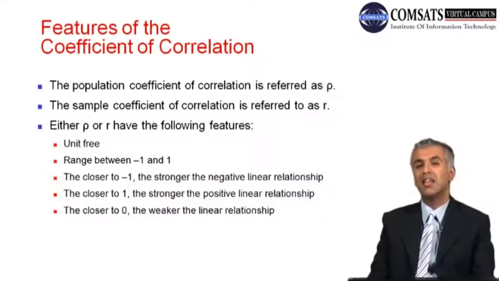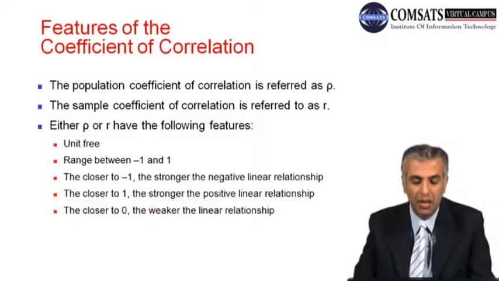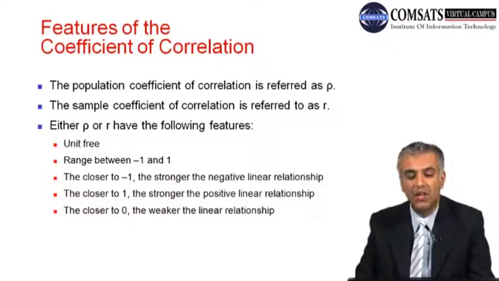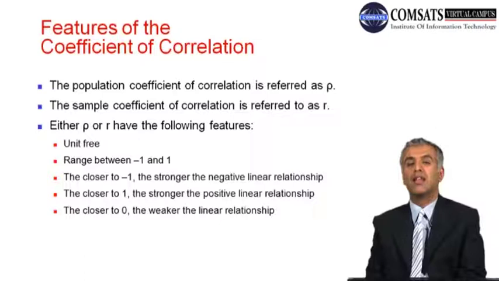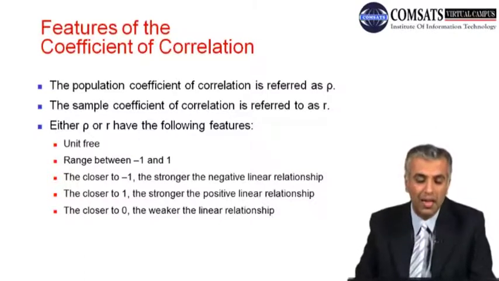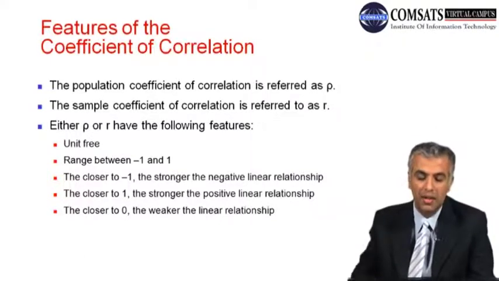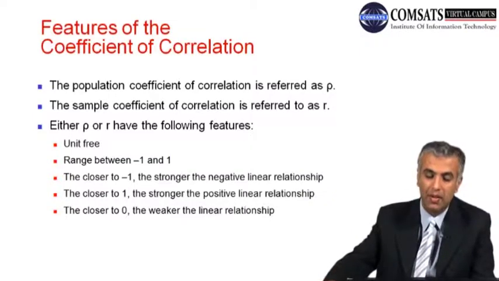And if the coefficient of correlation equals 0, it tells us that there is no relationship between the two variables. So this feature of standardization gives us a very good advantage over the covariance figure.